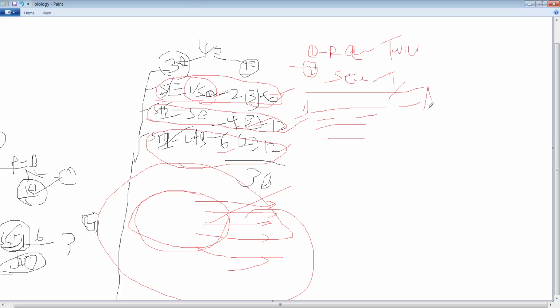Also, the important thing is you have to focus, first of all, on activities, lab activities. Next, tables, also called box items, and diagrams, and flow charts. These things you have to remember.